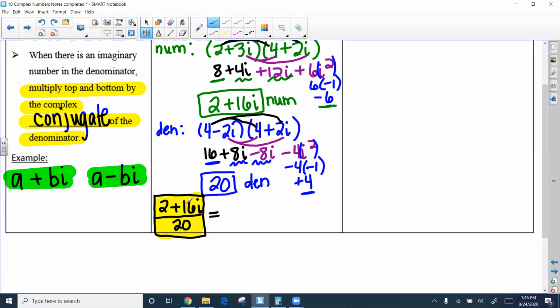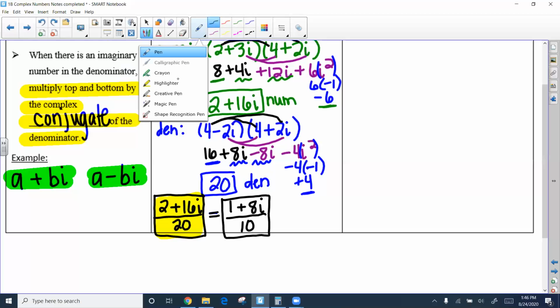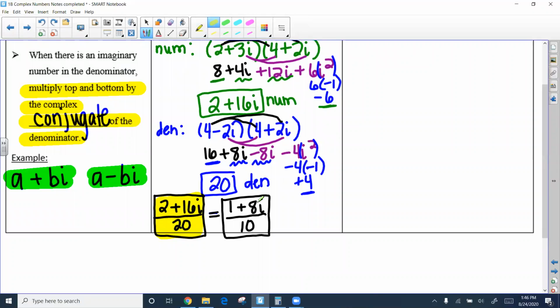If I did that, 2 divided by 2, this would be 1 plus 8i over 10. Notice it's still written as one fraction. The whole thing is still over 10, but it just happens to be reduced. So these are equivalent.